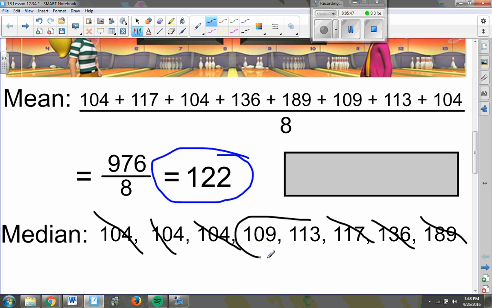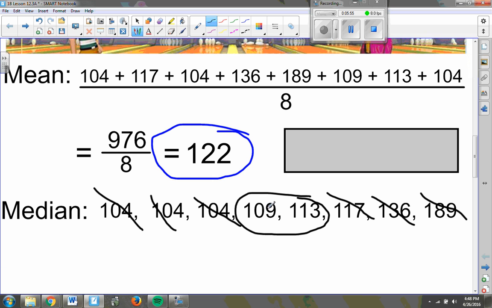Now, we really have 2 data points here in the middle, and what our table above said is that when we have an even number of data points, the median is the average of these 2 data points. So halfway between 109 and 113.